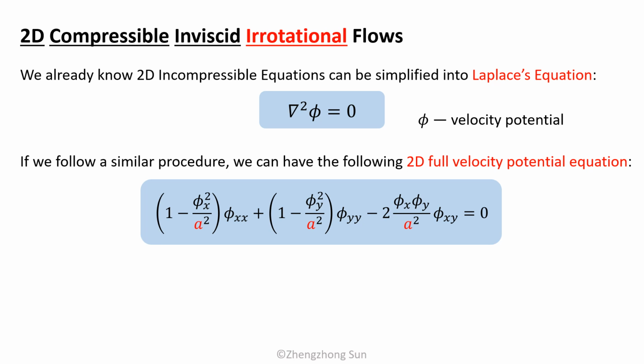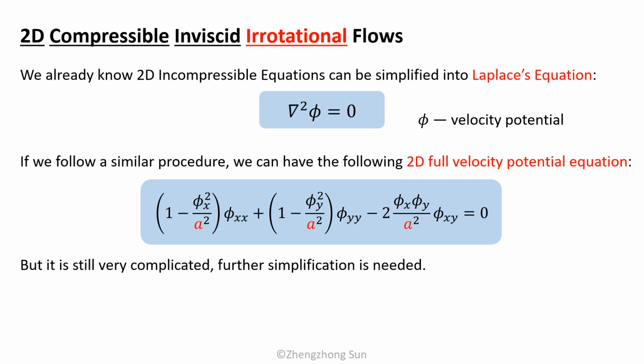You can see this 2D full velocity potential equation for compressible, inviscid, irrotational flow is quite different from the Laplace equation. And again, it is nonlinear, so it is still very complicated. Further simplification is needed.